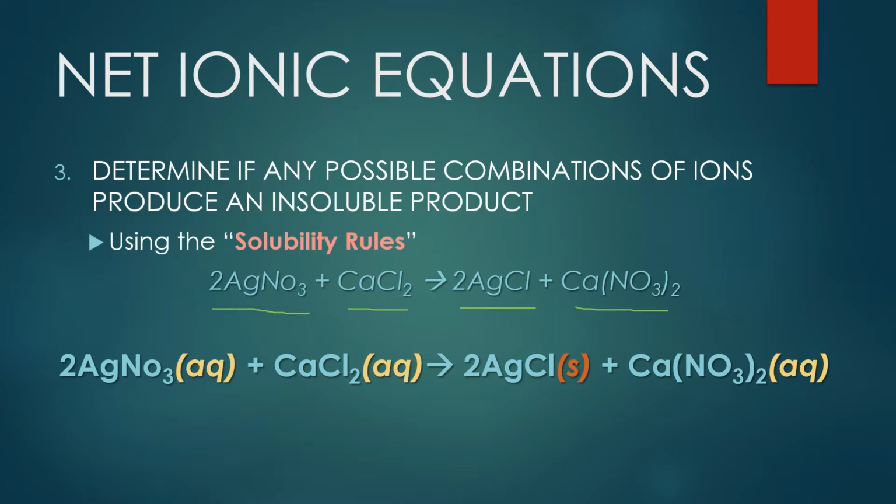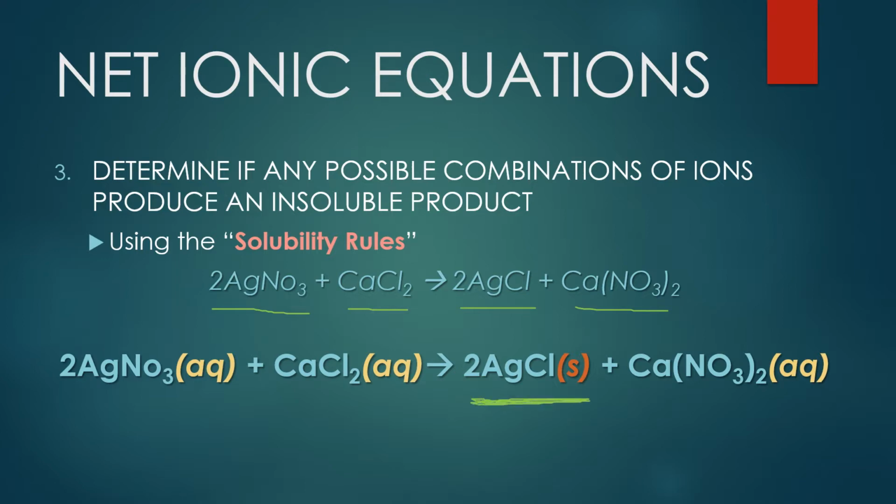The 2 AgNO3 is definitely soluble, so that's aqueous. The calcium chloride is aqueous. The only thing that's solid on here is the silver chloride on the right side of the yield arrow.